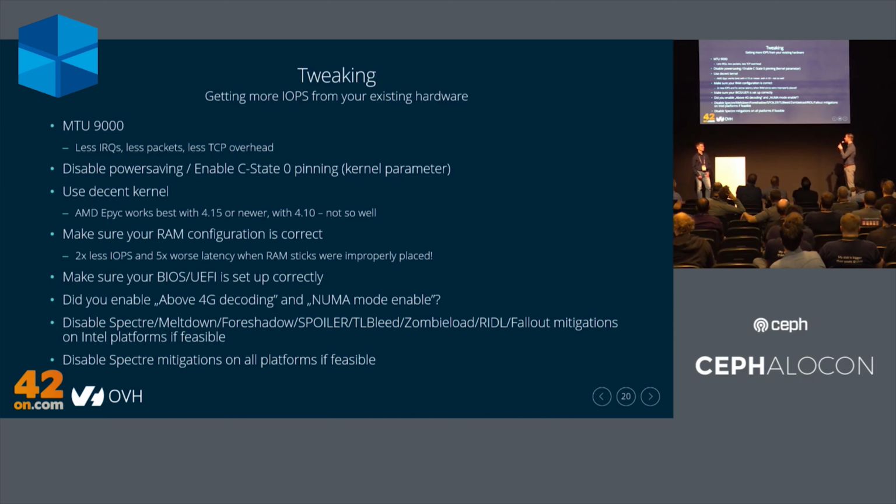And a few things: use recent kernels, because especially with the new Xeon Scalable CPUs and the AMD EPYC, you need a recent kernel which has the proper support for that CPU. I've seen differences when I was testing with Ubuntu 16.04, because I was testing last year. I didn't get really good performance with the Intel Scalable, and then I figured out that if I went to the 4.15 kernel, which came with 18.04, but I was testing before 18.04 got out, there was a huge performance boost with just going for a new kernel.